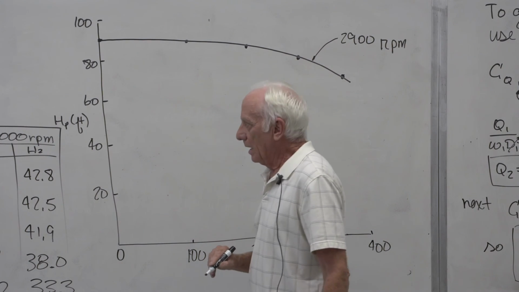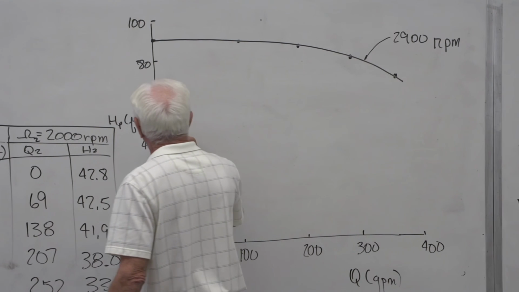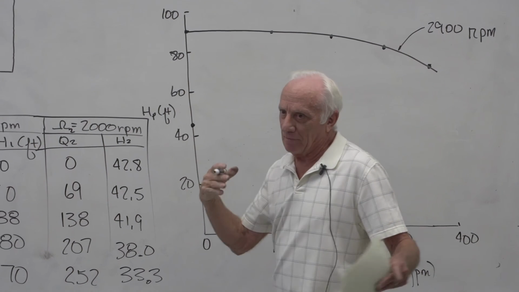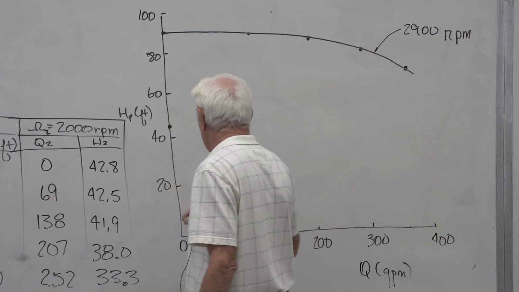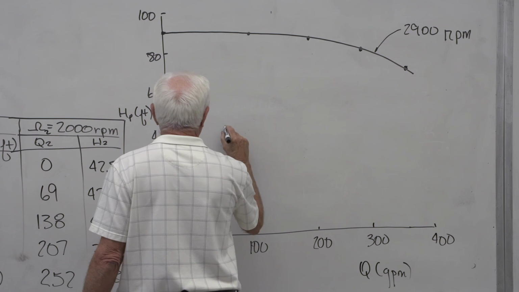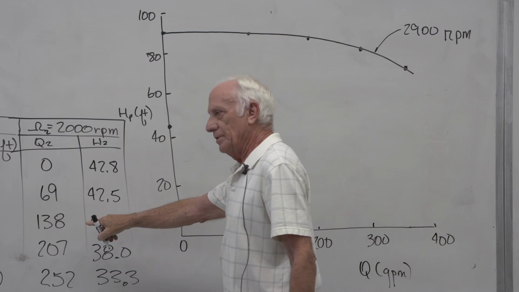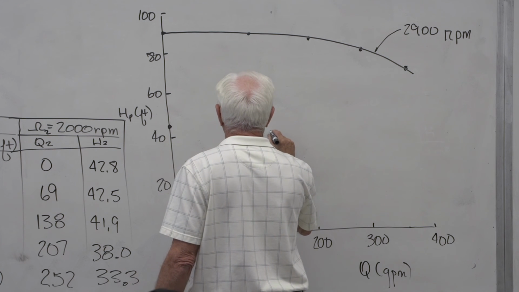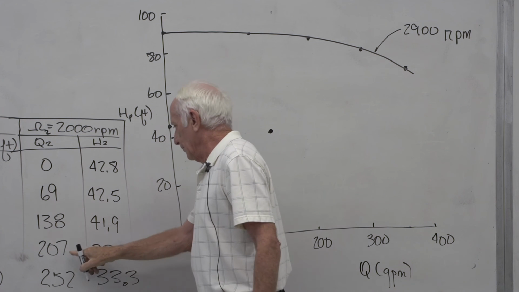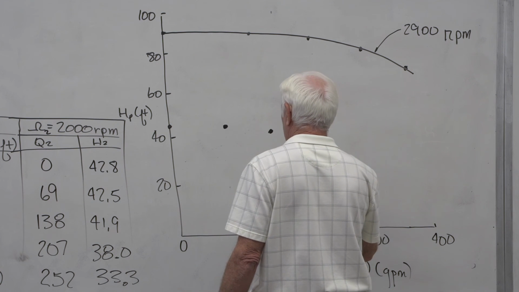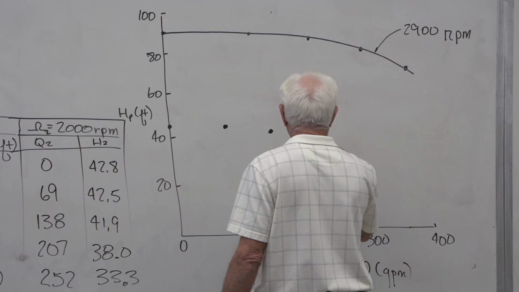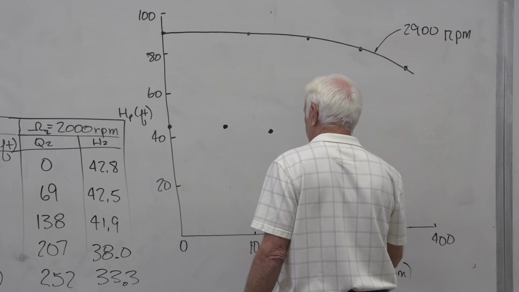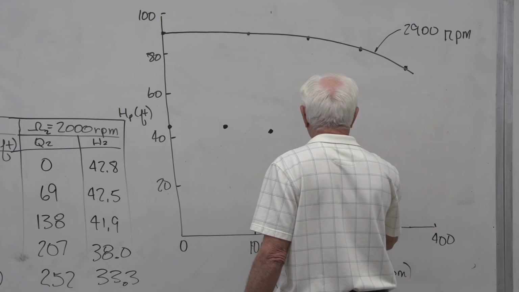Plot them. Okay, 0, 43. 0, 43 right here. 70, 43. 70, 43 right there. 138, 42. 140 and 42. 207 and 38 right there. 252 and 33 right there.